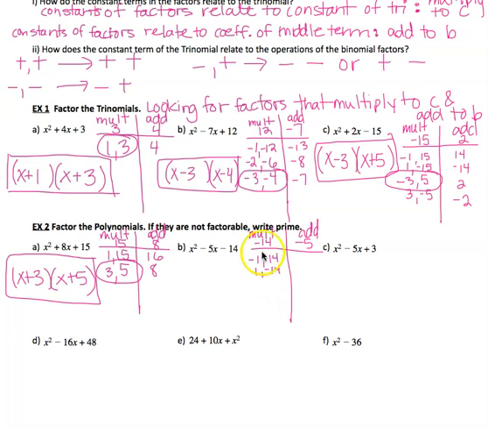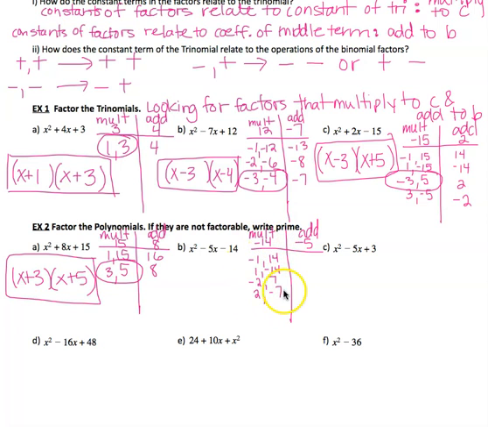So I look to see if it's divisible by 2. Yes, 14 is divisible by 2. So negative 2, positive 7, positive 2, negative 7. Then I look, is it divisible by 3? No, it's not. Is it divisible by 4? No. Divisible by 5? No. Divisible by 6?